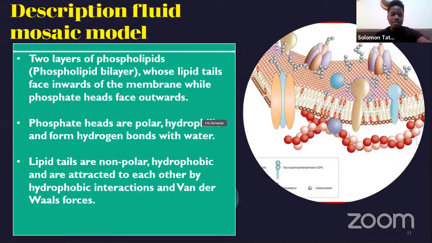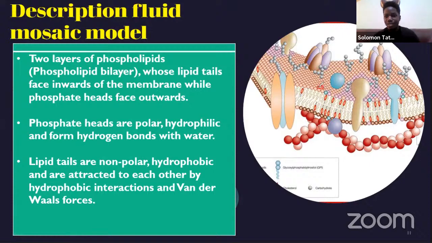The phosphate heads are polar, which means they are hydrophilic. They love water and form hydrogen bonds with water. Lipid tails are non-polar, hydrophobic, and are attracted to each other, which is why they form van der Waals forces.